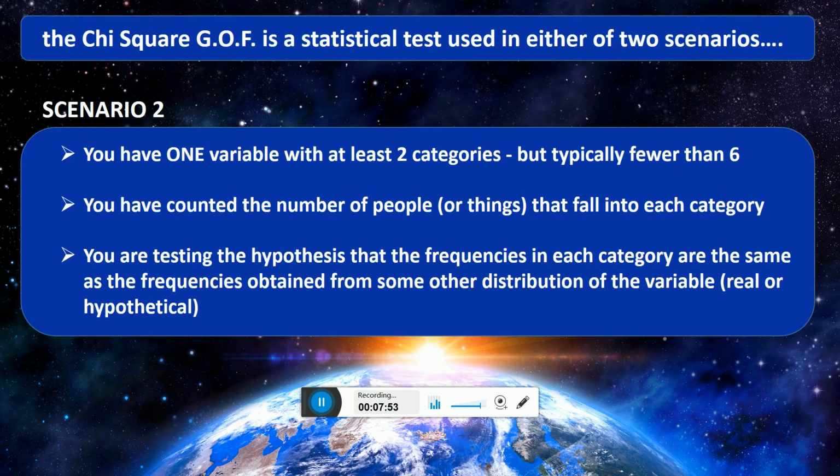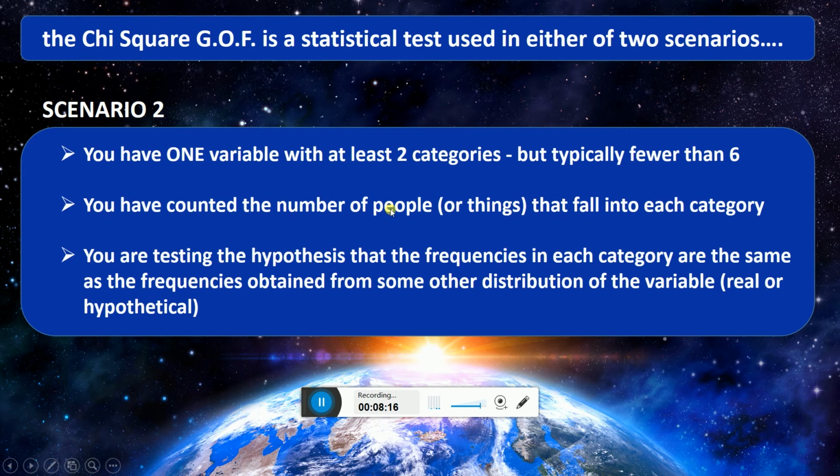Okay, now I did say that the chi-square goodness of fit test is used in either of two scenarios. So now we need to look at scenario number 2. With scenario number 2, it starts off the same way. So you have one variable with at least 2 categories, but typically fewer than 6 categories. And these are non-overlapping.